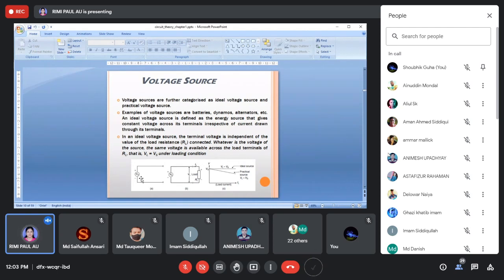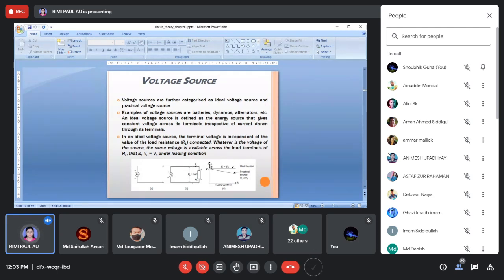Theoretically ideal is possible, practically ideal is not possible, because in every element there should be some resistance. If I consider this the ideal independent source, then the definition is that it is an active element that provides a specified voltage which should be constant, independent of other circuit elements.